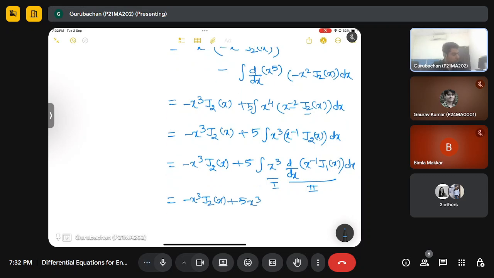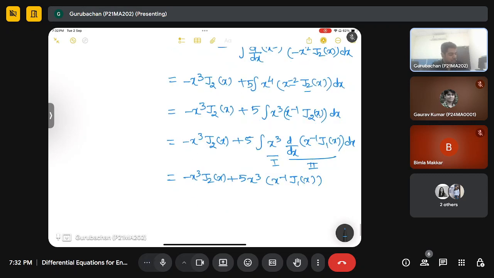Second function will give you x inverse J1(x). Next is with negative sign, 5 will be as it is, the derivative of this x cube and this quantity with negative sign. So here will be again negative sign. So minus x to the power minus 1 J1(x) dx.